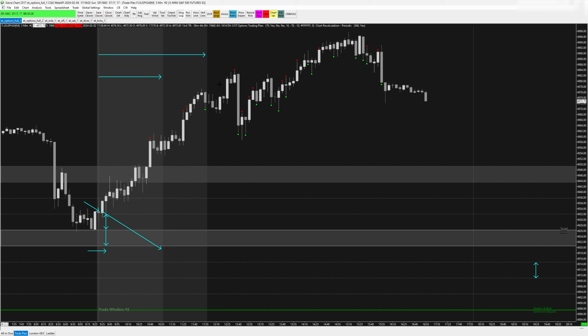Okay, I think that covers the basic strategy, and then in next videos, I will add layers upon this. The layers which are based mostly on the other tools.